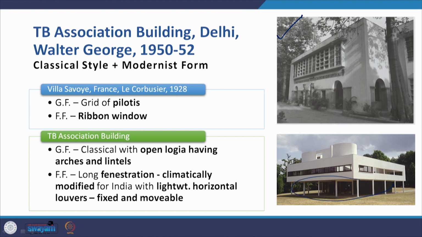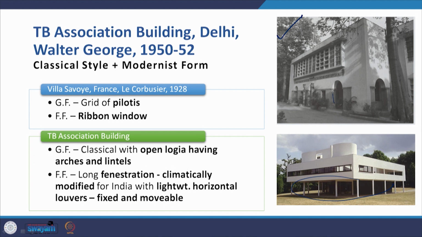of pilotis. It does have a curved ground floor, but that is pushed in, so you basically see a kind of, I wouldn't call it a loggia, but a covered space of a grid of pilotis. In the TB Association building, you do find a loggia, but the loggia again doesn't have a grid of pilotis.